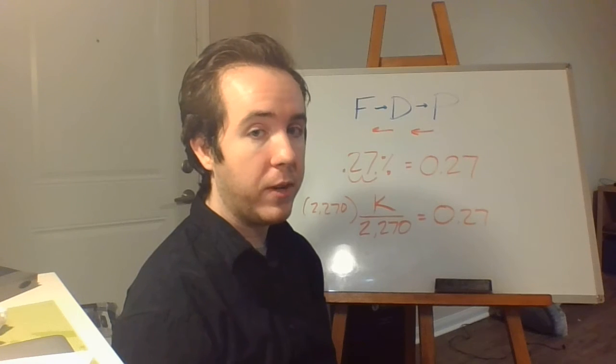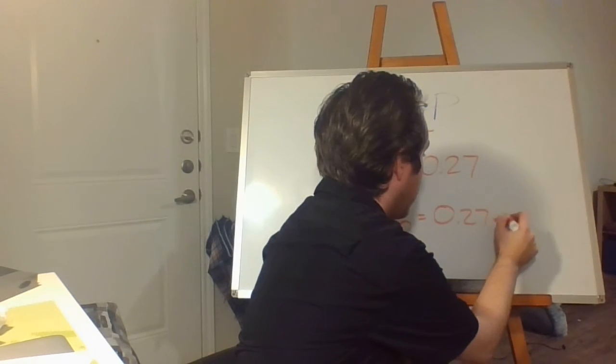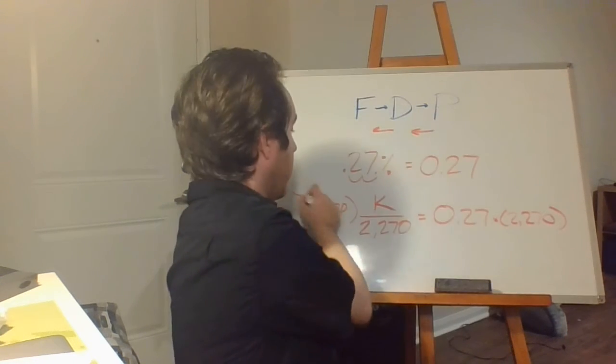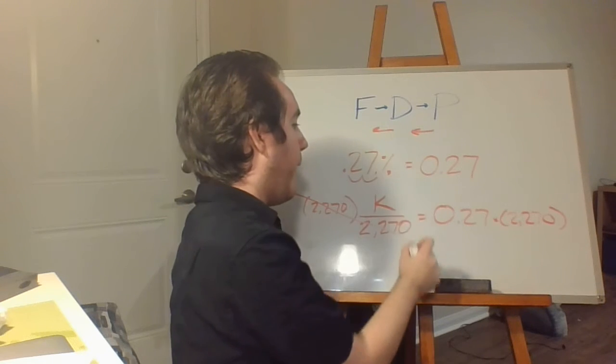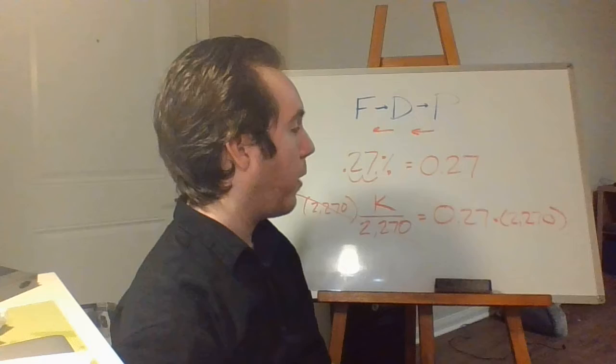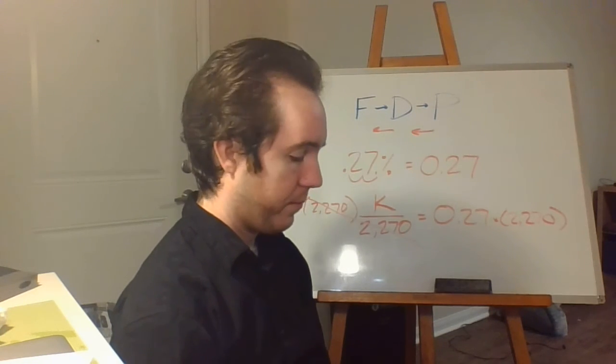Multiplication is the opposite of division, so we multiply on both sides. This will cancel, leaving only the k. So the number killed, that's k, equals 0.27 times 2,270.